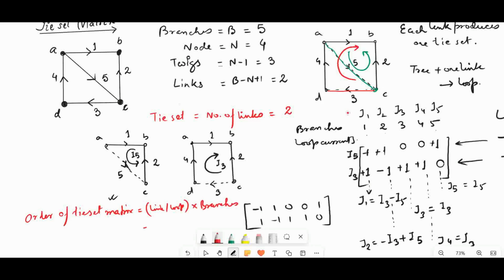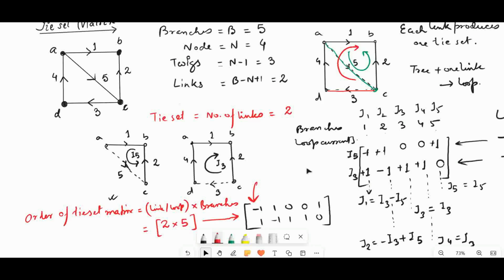So the order of the Tieset matrix in this case is 2 into 5, right? So this 2 cross 5 is the order of the Tieset matrix. So similarly we can determine it for any graph. So hope you have understood this.